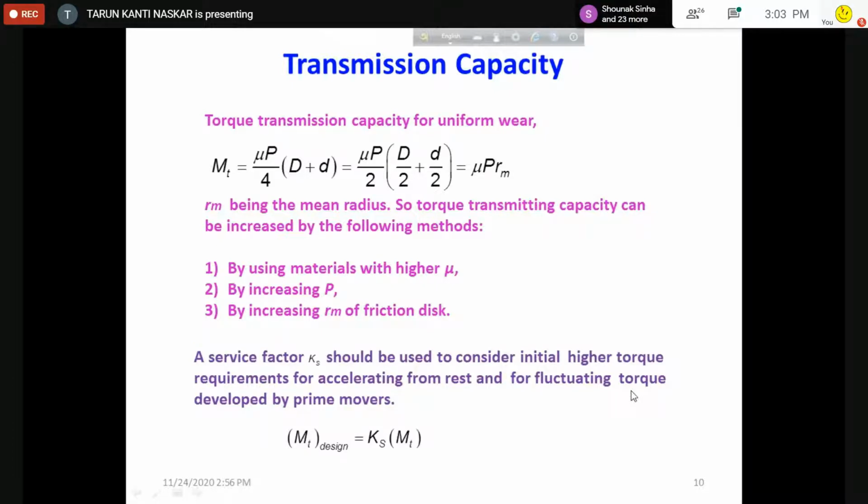So Ks should be there, considering the initial higher torque requirement and to cope with the fluctuating torque developed by the prime mover. And for that, in the design torque, the service factor should be introduced in this manner.